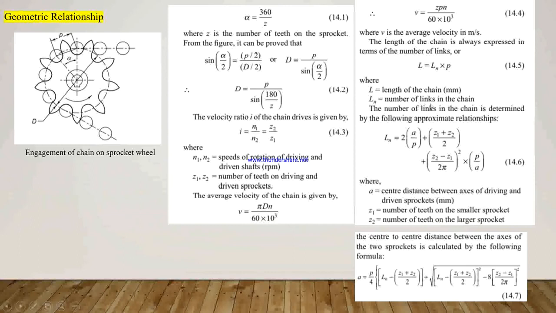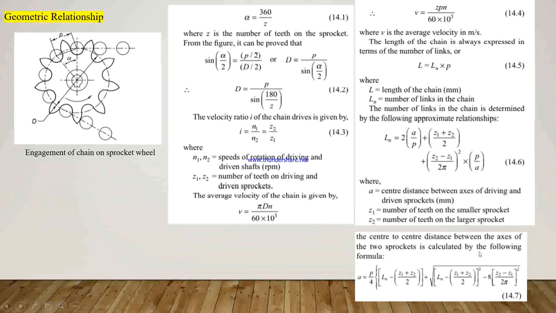Ln is the number of links in the chain, determined by Ln = 2a divided by p + (z1 + z2) divided by 2 + [(z2 - z1) divided by 2 pi] squared x p divided by a, where a is the center distance between the axes of the driving and driven sprockets in mm, z1 is the number of teeth on the smaller sprocket, and z2 is the number of teeth on the larger sprocket.